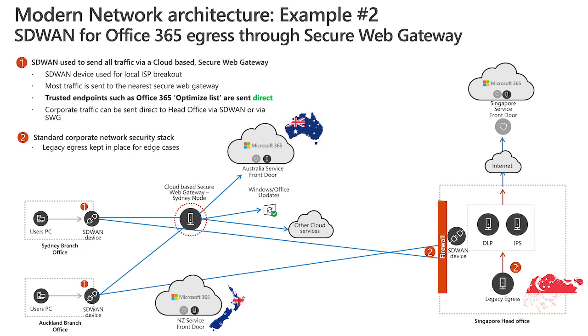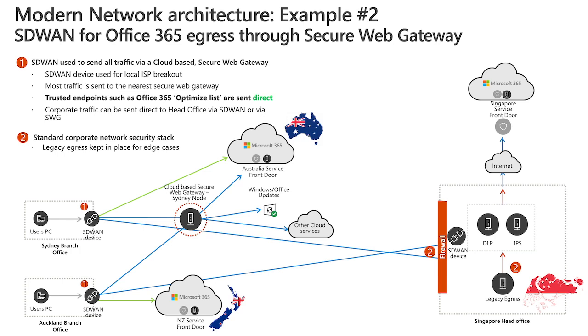So what we would always recommend, even with these cloud-based secure web gateways, is we utilize that SD-WAN to intelligently read Microsoft's REST API service and say, if I see those optimized endpoints, I'm just going to send them direct. And I can then hit the service front door, Microsoft's network, our infrastructure, instantly within a few milliseconds in these cases here.